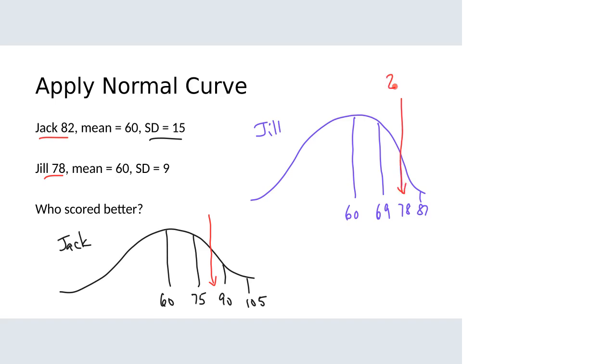She is 2 standard deviations above the mean. Jack did well, but we can't tell exactly, he's about 1.5 standard deviations above the mean. Jill's score was 2 standard deviations above the mean. Jack's was 1.5, so Jill did better.